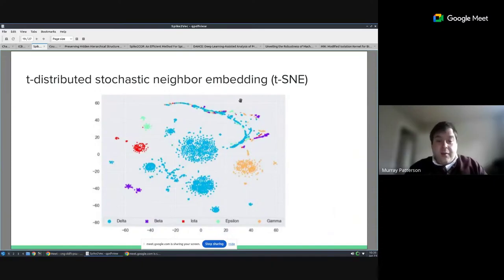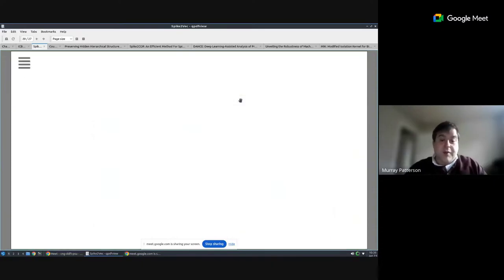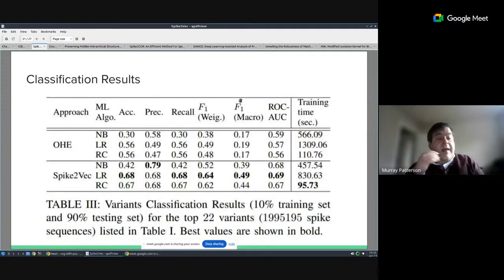So again, I think I've already explained this. We called this Spike2Vec, but really what it was is we took the spike protein, computed the k-mer representation, and then performed RFF.